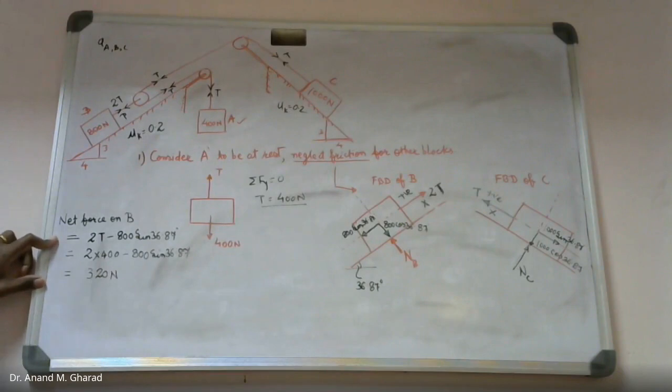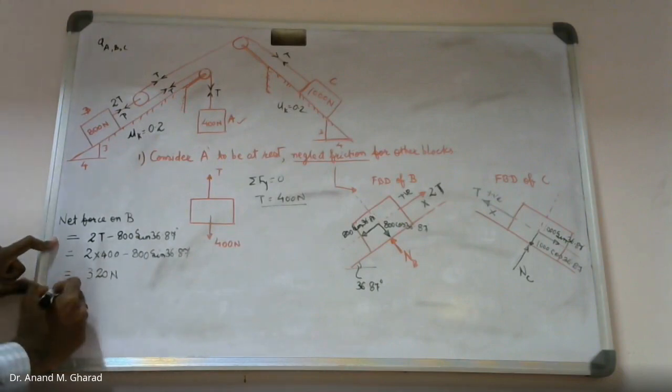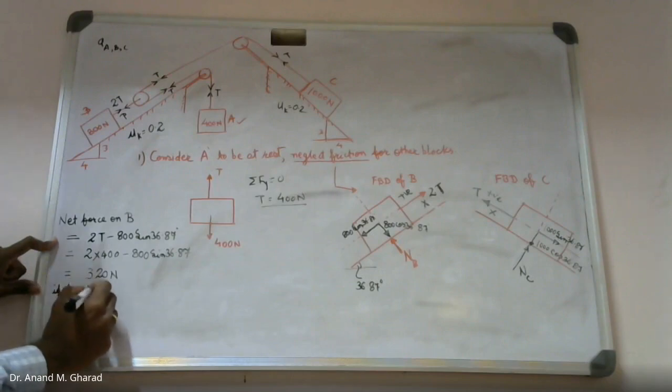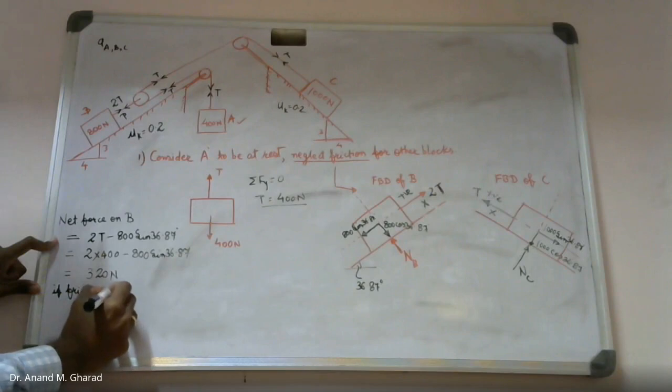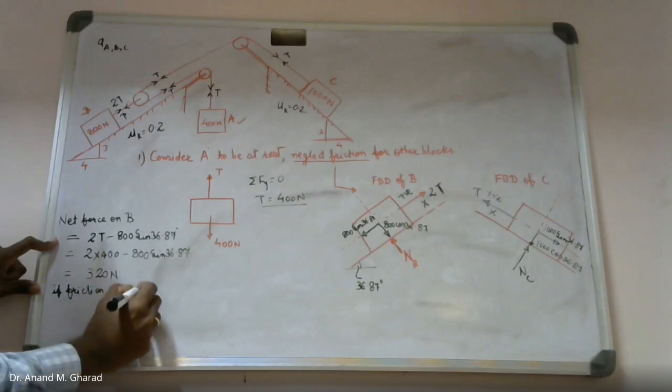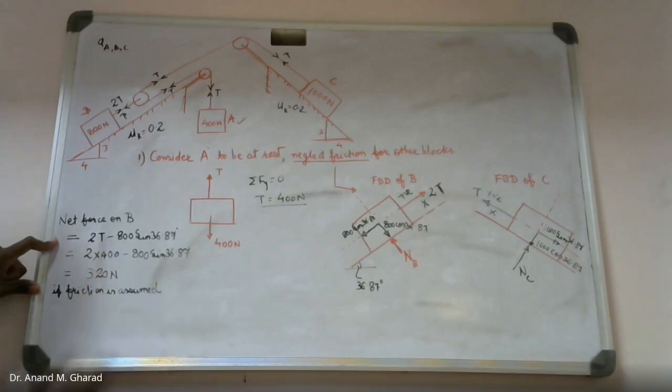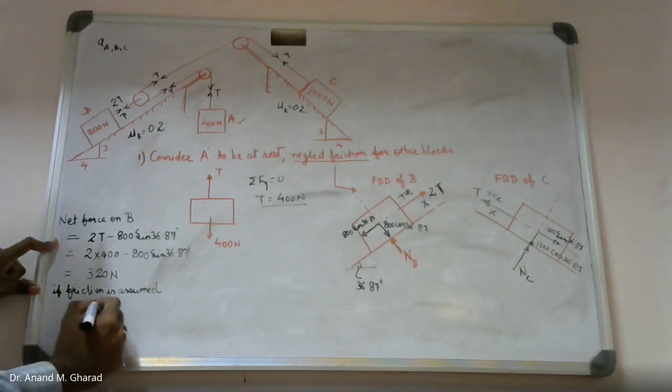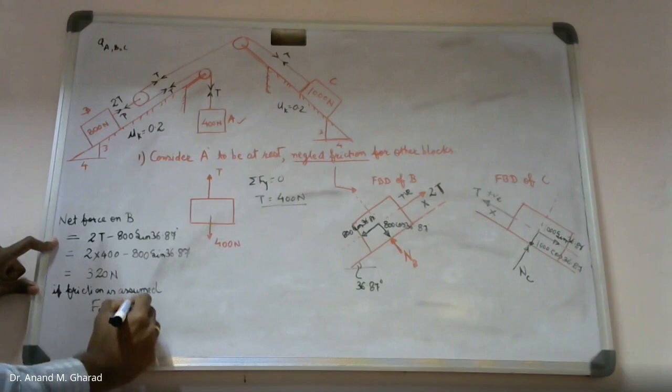Okay. Now, if I consider the frictional resistance, if friction is assumed, that is FB will be equal to mu K into NB.